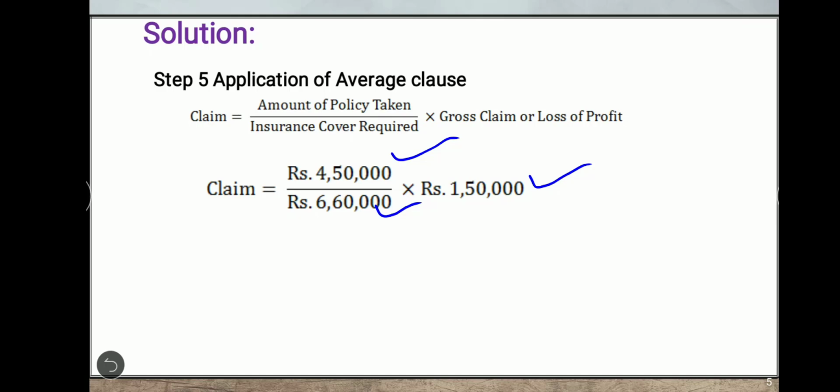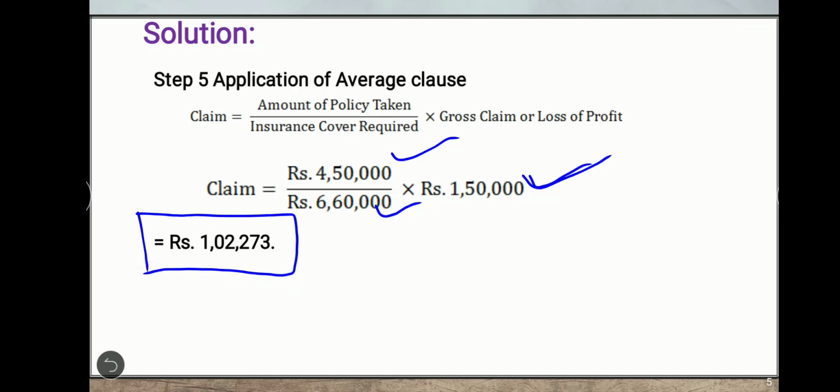If you compare the loss of profit and the final answer, it means amount of claim will be reduced because of application of average clause. So here the final answer is 1,02,273. Is that clear? So you can write it, amount of claim is equal to rupees 1,02,273. So this amount is provided by the businessman to the insurance company for getting the claim.